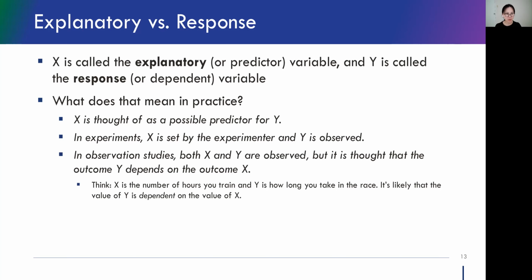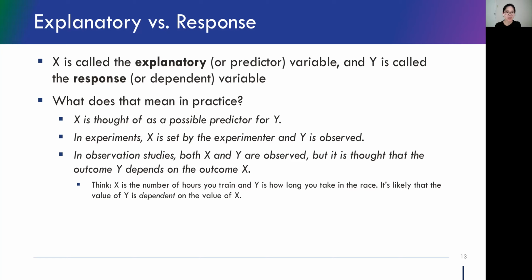And in experiments and in observational studies, there are somewhat different settings. So in experiments, X is set by the experimenter and Y is observed. In an observational study, both X and Y are observed, but it's thought that the outcome y would depend on the outcome x.